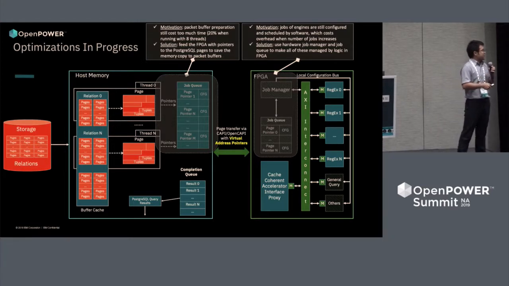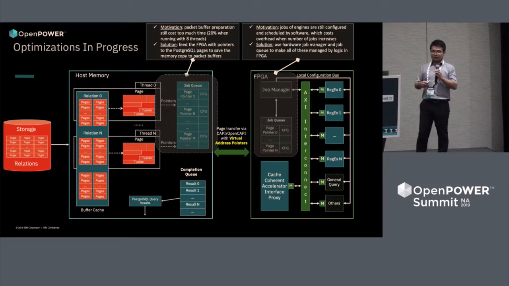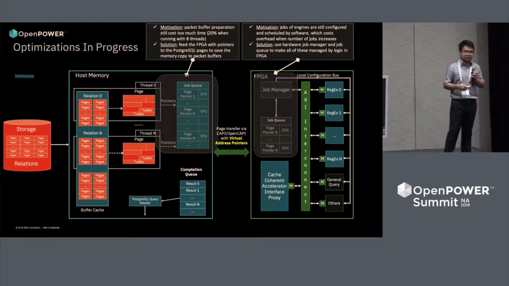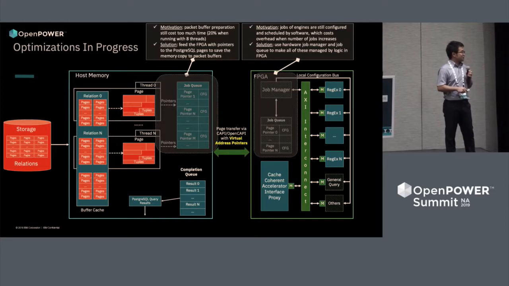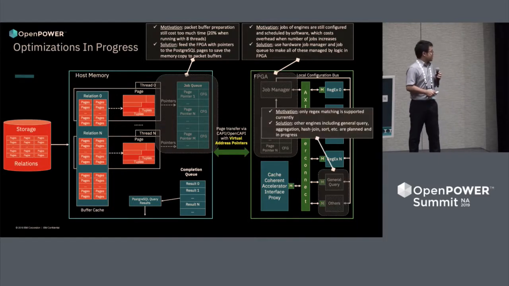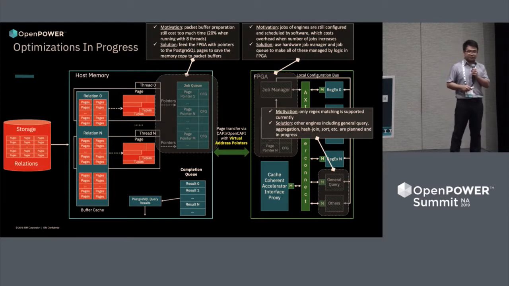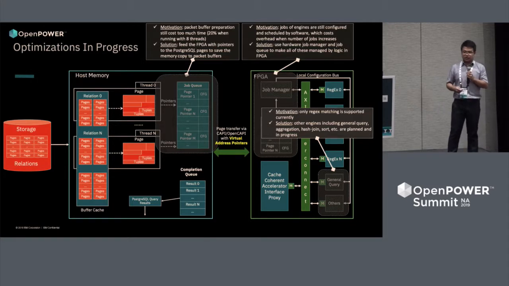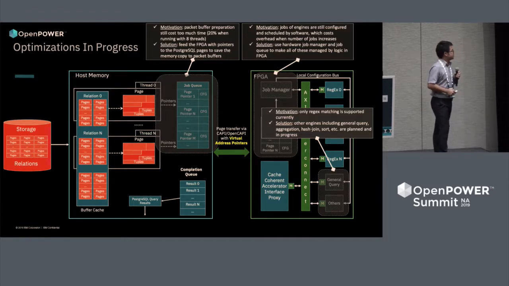But if we have a hardware job manager, that will have a benefit for reducing the configuration overhead, because the hardware job manager will configure the engines directly without MMIO access. And we also have other types of work items, including developing other types of engines, such as the general query engines or hash join engines, but all of those engines are still in progress.